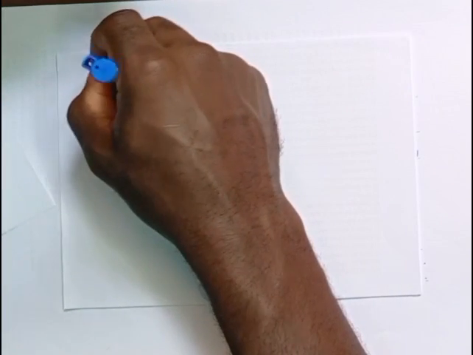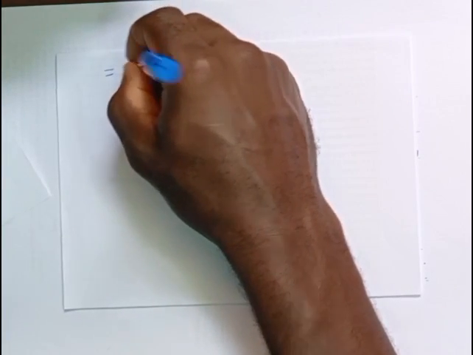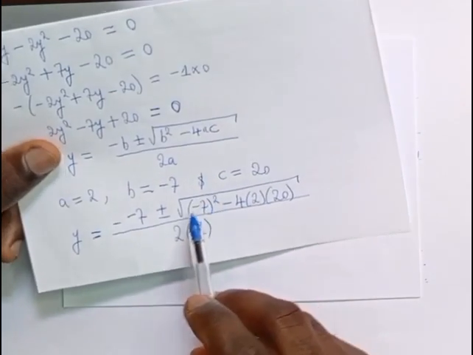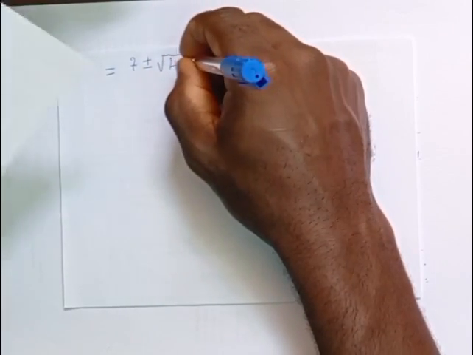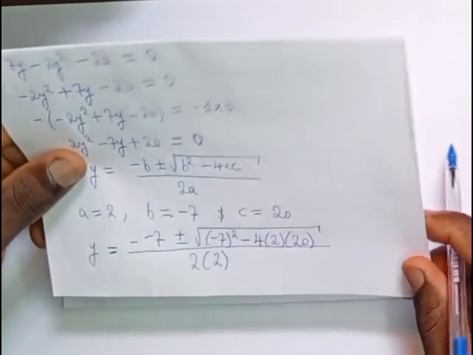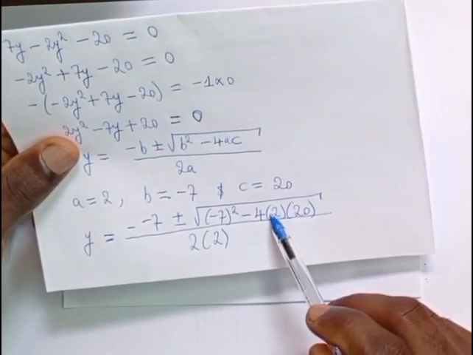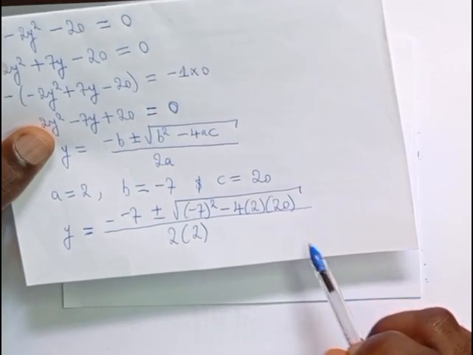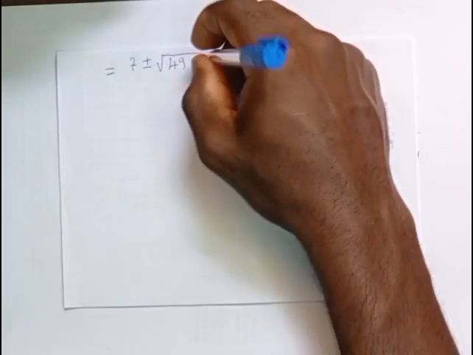the square root of negative 7 squared. That means negative 7 times negative 7, which gives us 49, minus 4 times 2 gives us 8, 8 times 20 gives us 160.